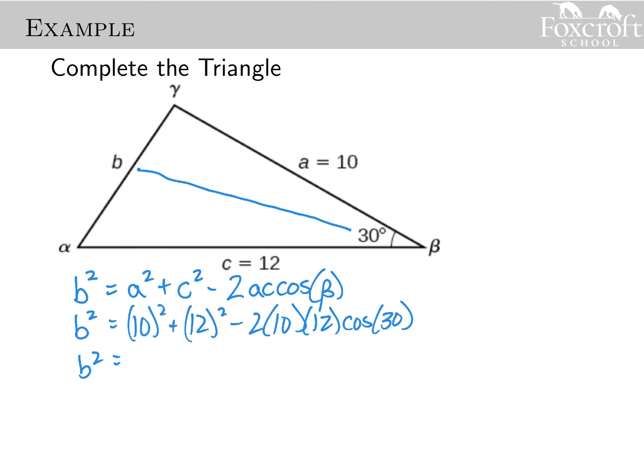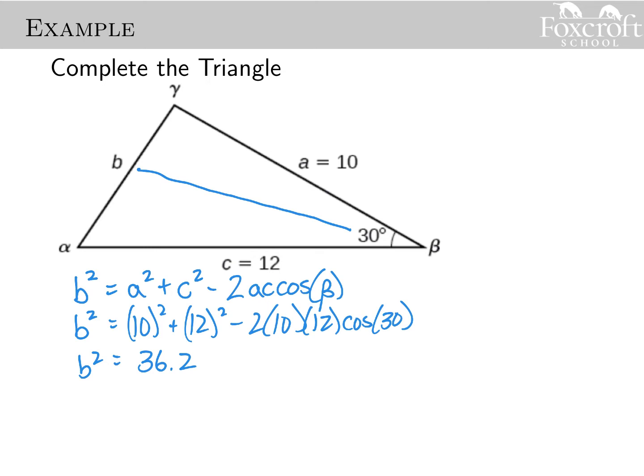Let me pull up Desmos and type all this in. We got 10 squared plus 12 squared minus 2 times 10 times 12, and that's all times cosine of 30. If you type all of that in, you end up getting that the whole right-hand side is equal to 36, let's just do 1 decimal place, 36.2. So that whole right-hand side, we have all the values for.